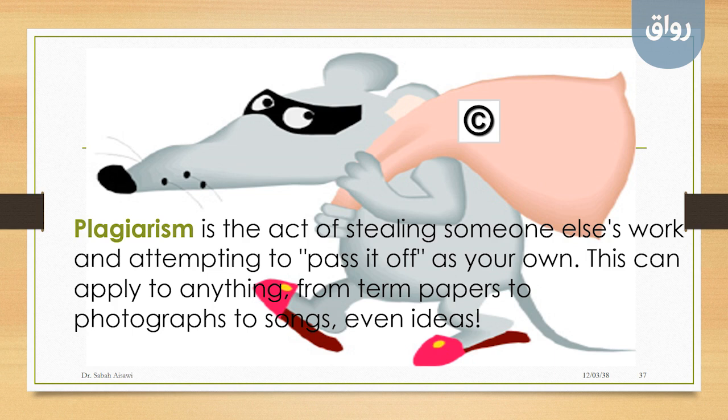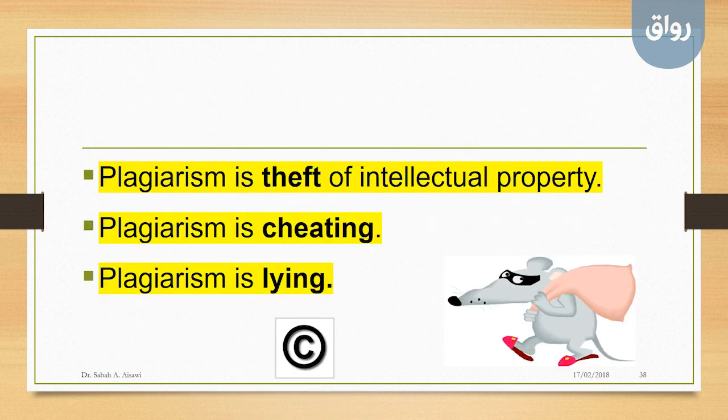When you take someone else's work and claim it is your own, then you are stealing, you are cheating, and you are lying too, aren't you? These are three negative things that we should all avoid.